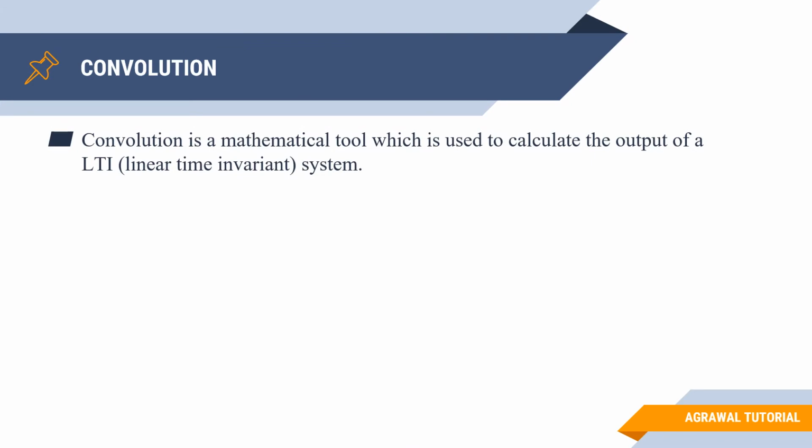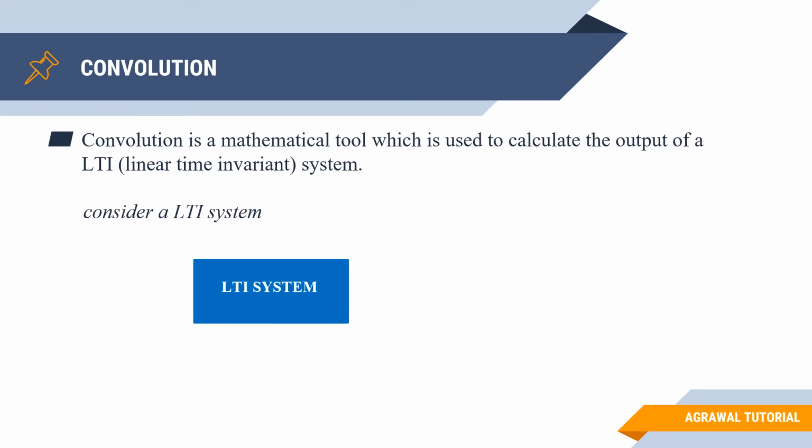So basically, convolution is a mathematical tool which is used to calculate the output of an LTI system, that is, a linear time invariant system, when the input and impulse response of the system are known to us. For example, consider a linear time invariant system with impulse response given as h(t), and x(t) is an input signal applied to the system.